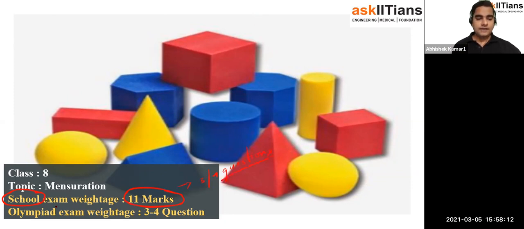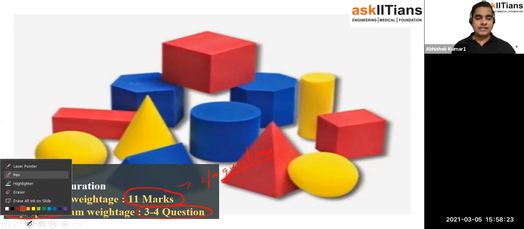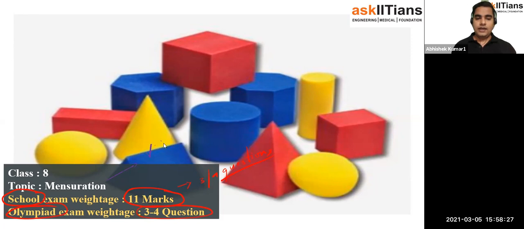On the other hand, in Olympiad examination, around 3 to 4 questions can be expected from this particular chapter. Overall, this chapter is very, very important. Why? Because we will be coming across it in 9th standard as well as in 10th standard.